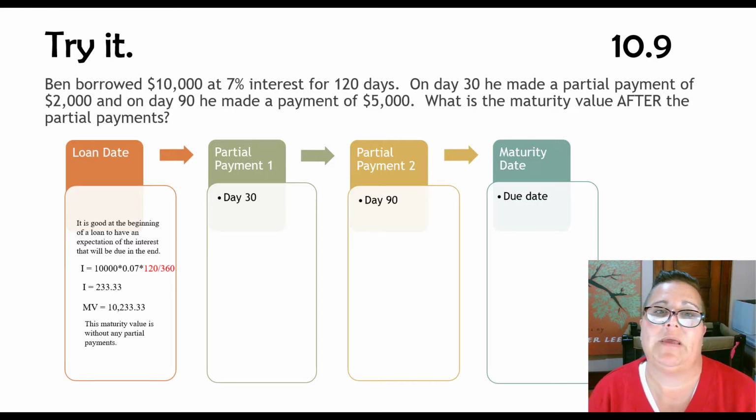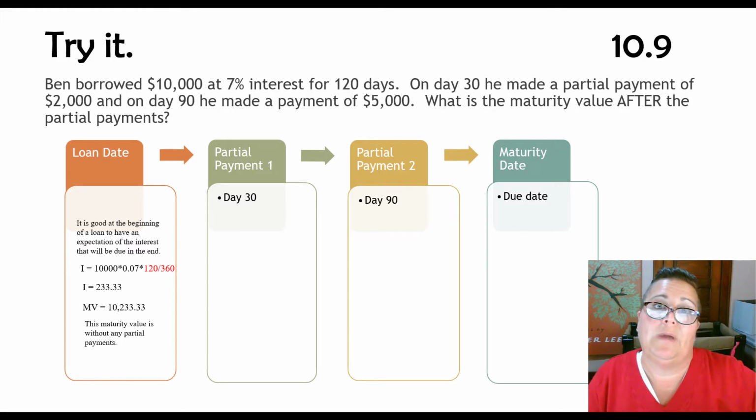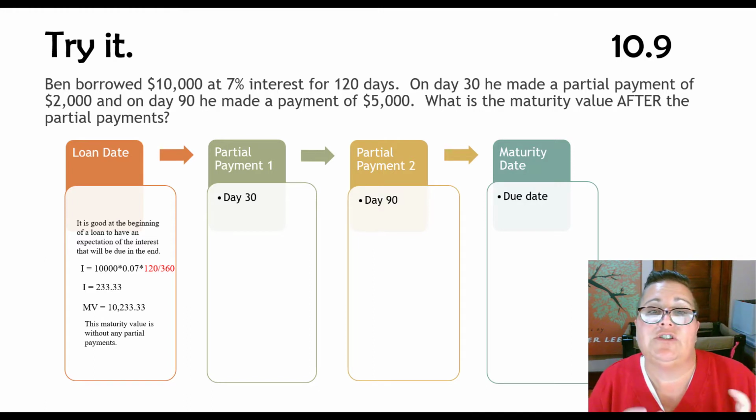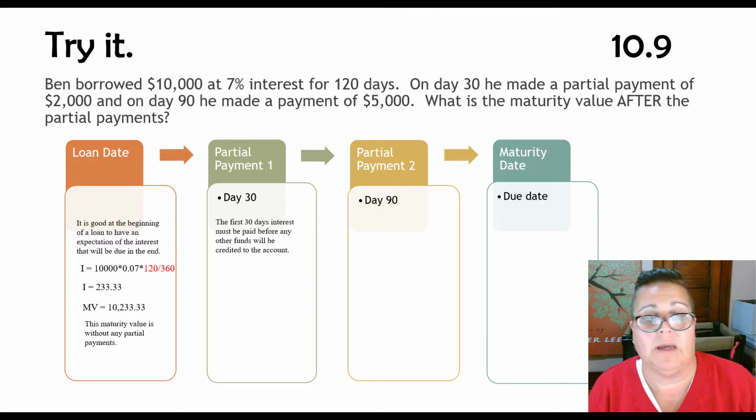Our first partial payment is made on day 30. Now, for the first 30 days of the loan, it is accruing interest on all $10,000. So we're going to figure out how much interest had accumulated in the first 30 days. And in those first 30 days, it's $10,000 that we're paying money on.